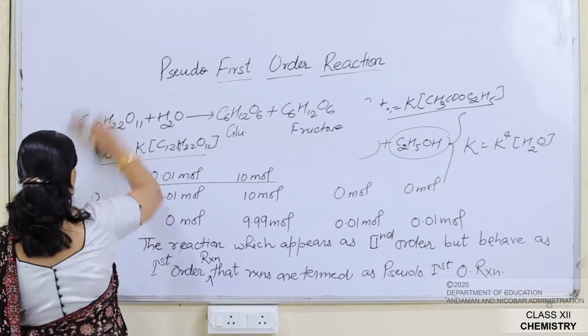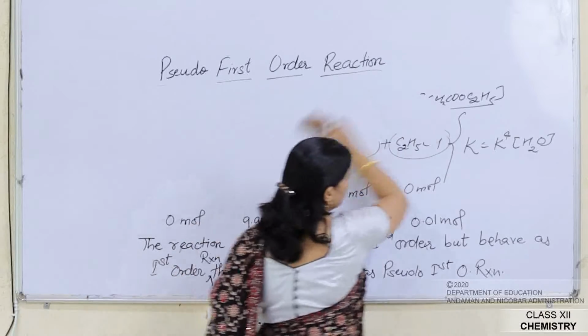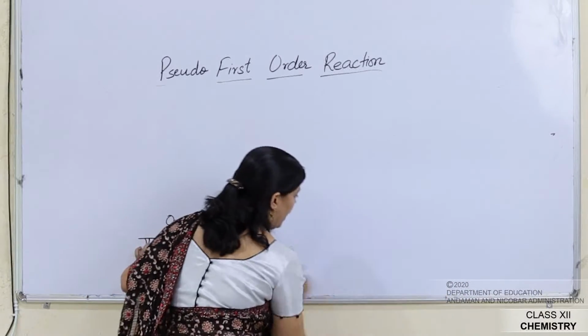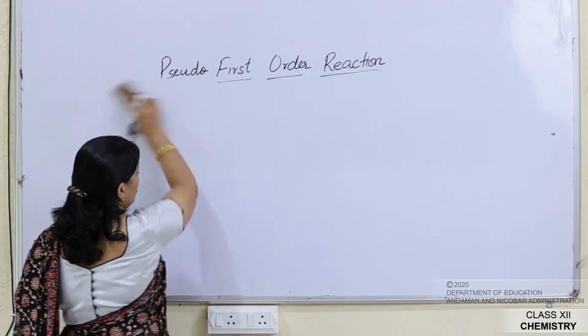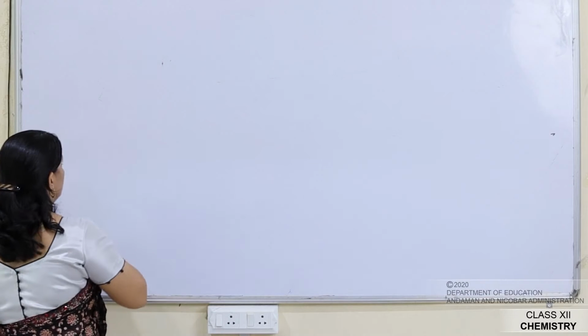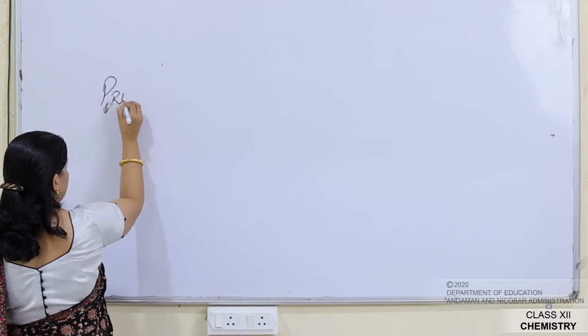Here we use the pressure change method to calculate the rate constant and the order of the reaction.